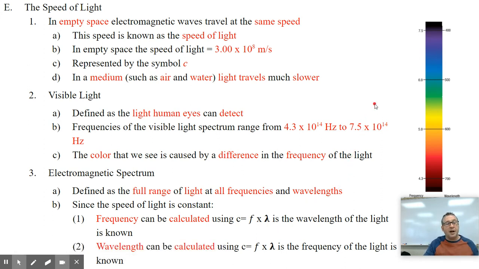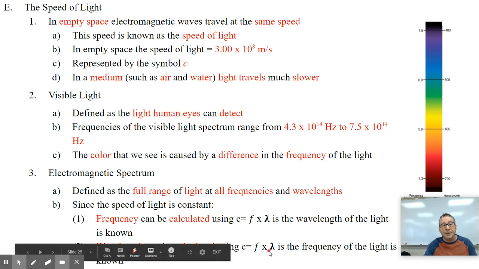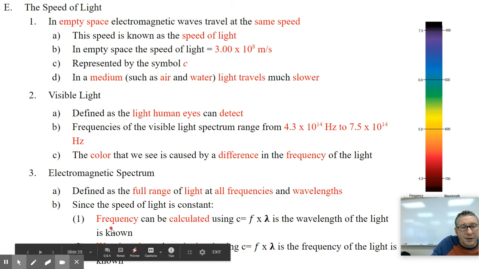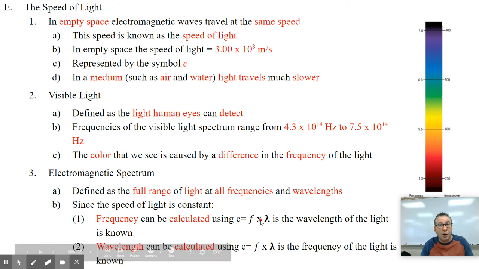And wavelength can also be calculated using c equals frequency times lambda if the frequency is known. So if we're trying to find frequency and we know what wavelength is, we could rearrange this equation to help us solve for what we don't know.